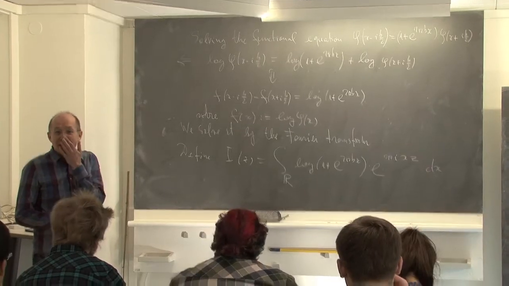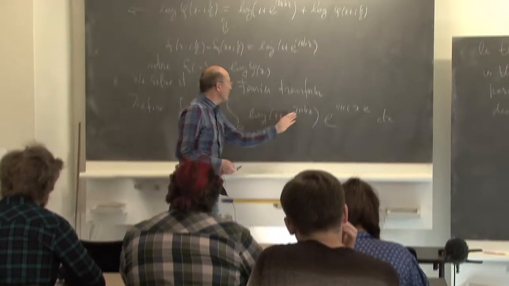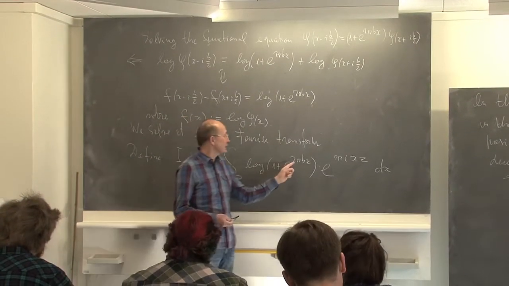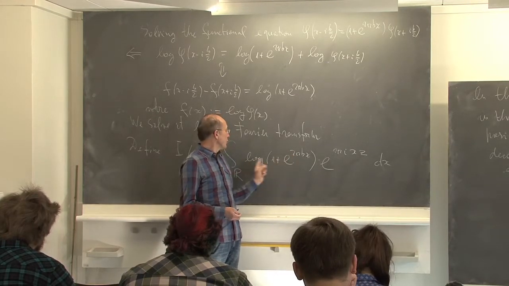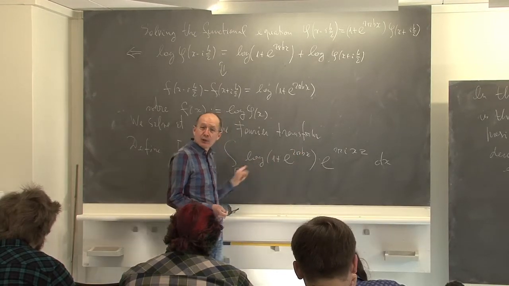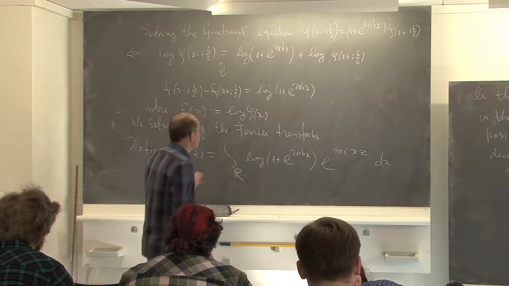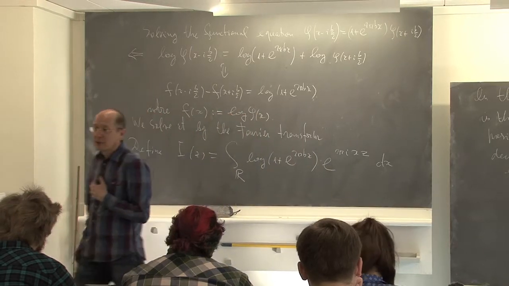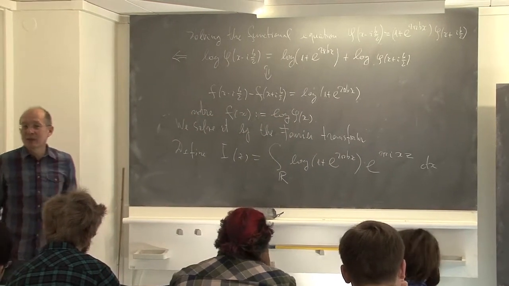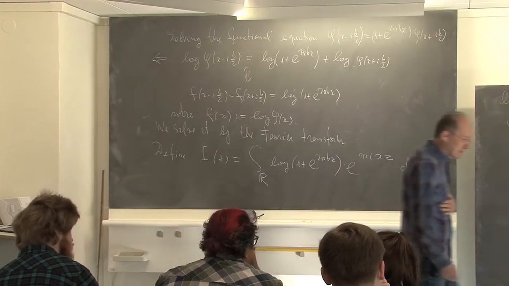It grows linearly on the positive side, right? It's okay on the negative side, because this goes exponentially to 0. So you expand the log, and then the exponential decay on the left-hand side, no problem. But the problem is on the right-hand side, linear growth. So what do we do with problems like that?